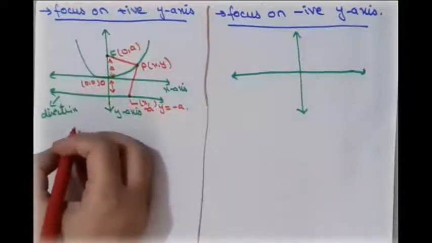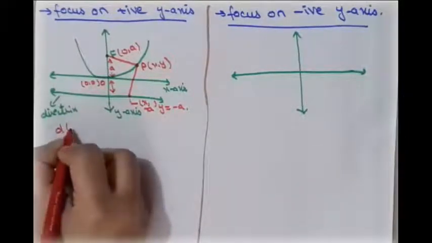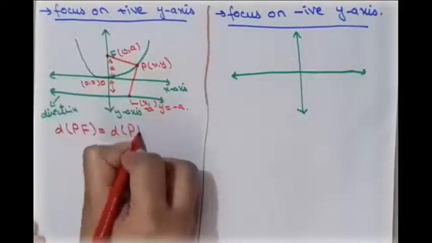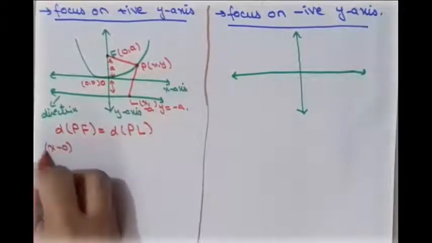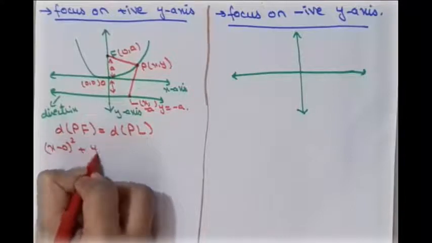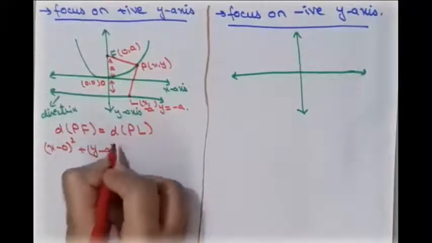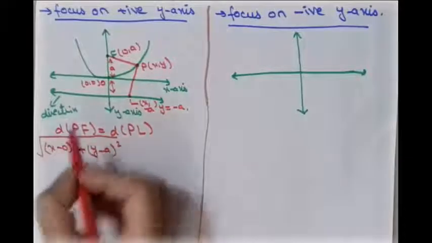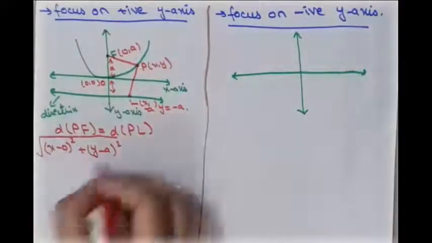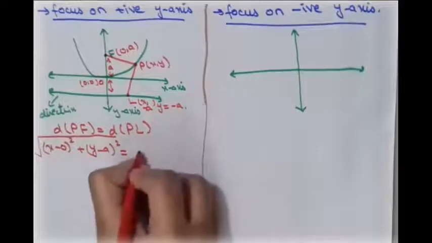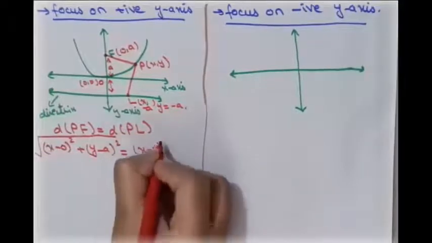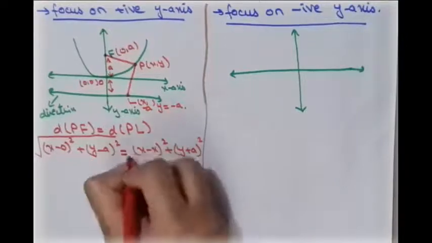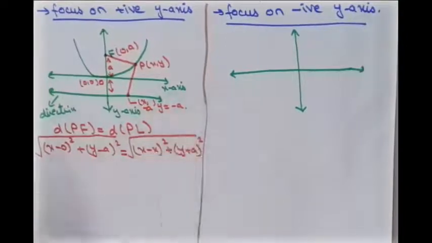So we find the distance PF, which equals the distance PL: the square root of (x minus 0) squared plus (y minus a) squared, which equals the square root of (x minus x) squared plus (y plus a) squared, with the whole term under the root.